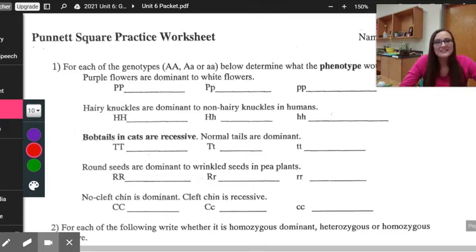That means each of you out there watching this, if you have unattached or free-hanging earlobes, has at least one capital gene, one dominant gene, whereas I would be like this one over here. I would have two lowercase u's, recessive, recessive, because that's the only way a recessive trait can physically show up in the phenotype.